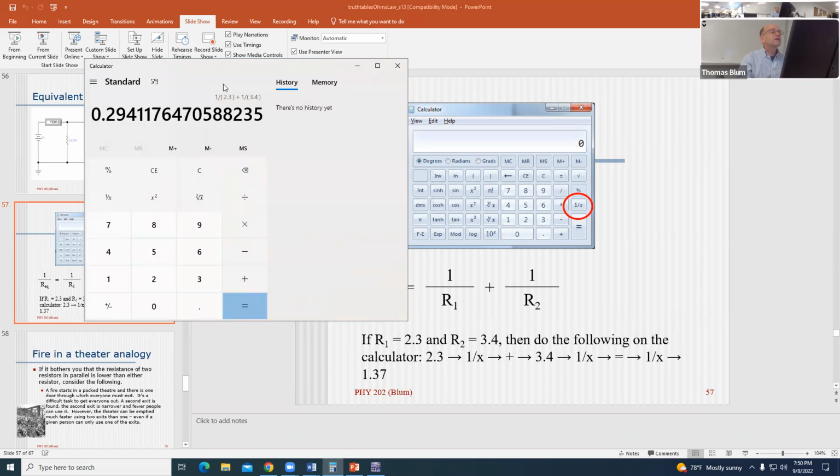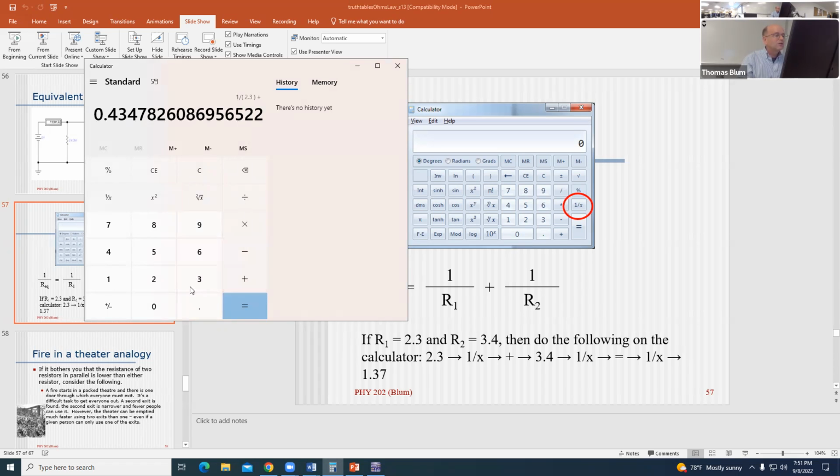And you can see up here, it's writing it out for you: 1 divided by 2.3. Okay. And did I hit the equal? No, it's lathered on, I don't know if I hit the equal. So I'm going to do it again and not lather on so much.